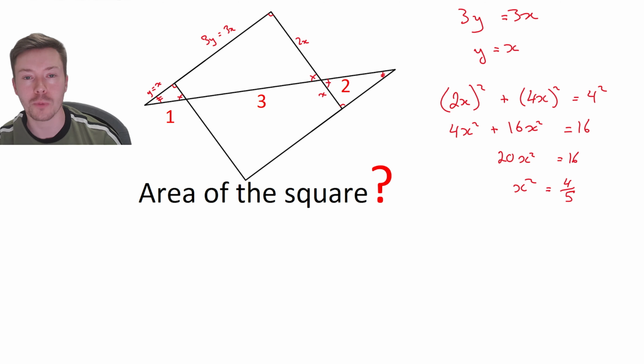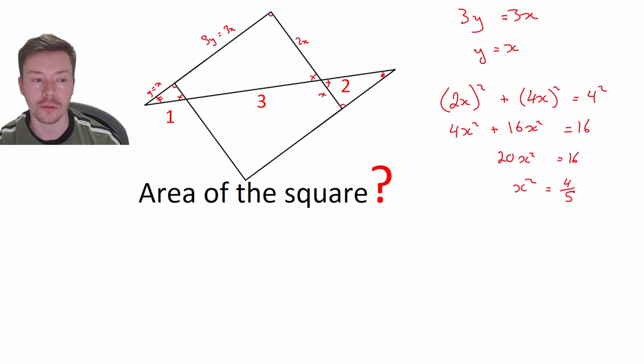At this point I could have square rooted and got the answer of 2 over root 5. But because the side length of my square is in terms of x, to work out the area of my square I'm going to get an algebraic expression in terms of x squared, so I didn't need to square root it at this point.